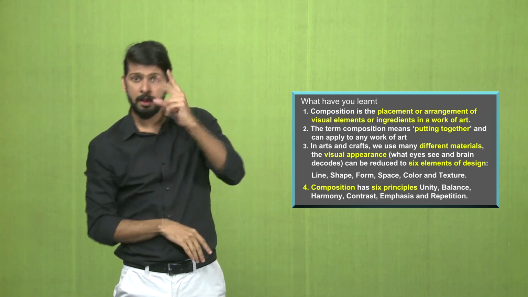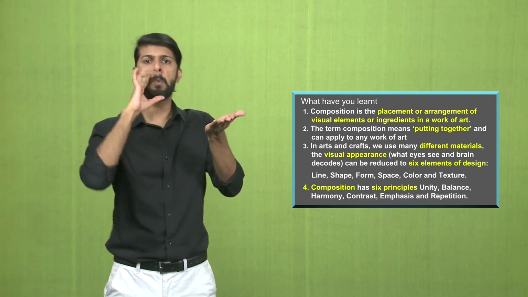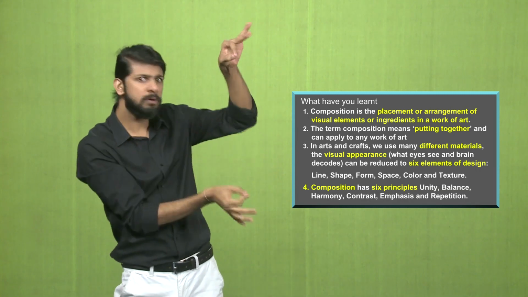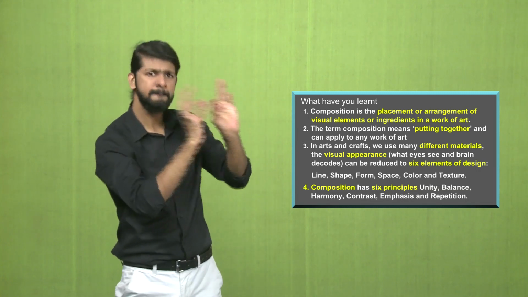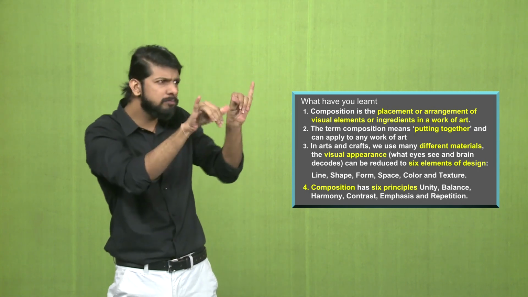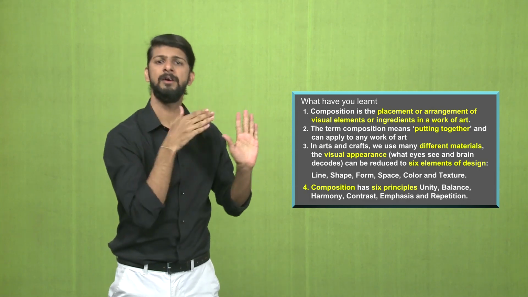Then balance. Balance is important. In a landscape work, we have to ensure the size, the proportion, the figures of perhaps some birds which are being drawn or the tree which is depicted, there has to be balance.